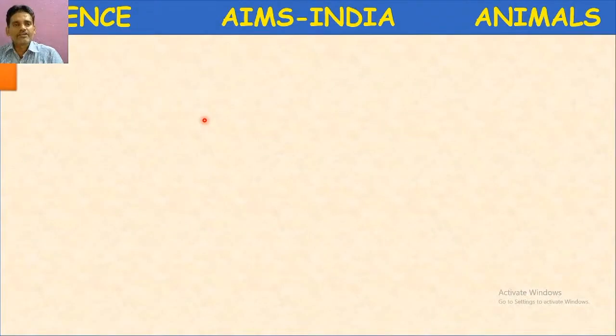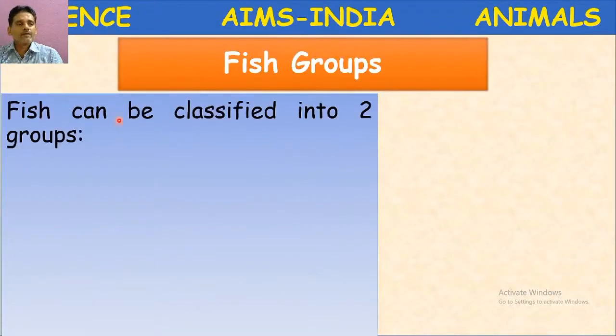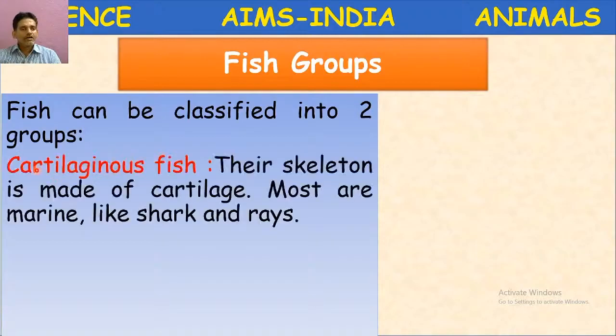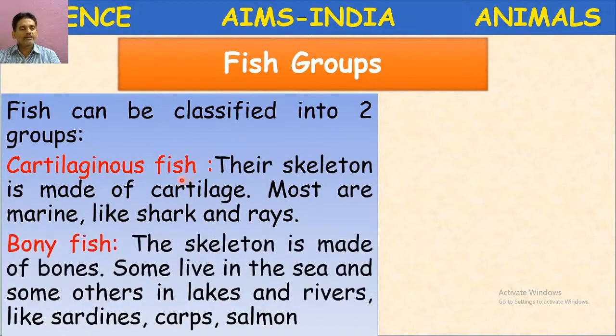So let us proceed. Next, fish groups. Fish can be classified into two groups. They are cartilaginous fish and bony fish. What are cartilaginous fish? The fish with the skeleton made of cartilage.